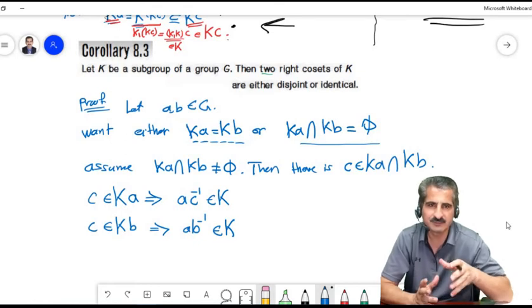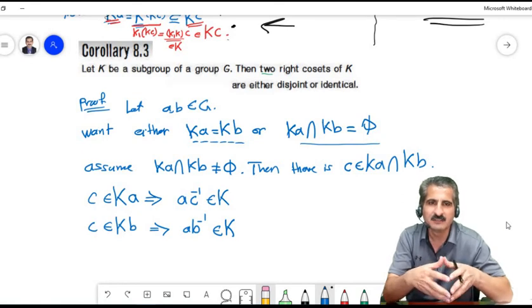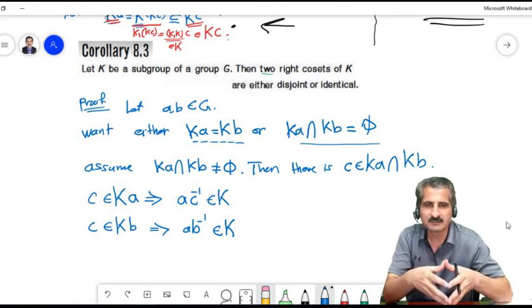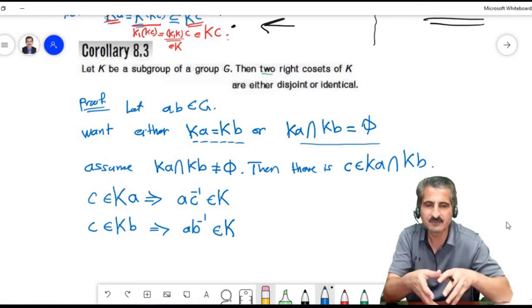We can show Ka is contained in Kb or Kb is contained in Ka, but we don't have to do it. Let's use the theorem we already proved, which says two cosets are equal, Ka equals Kc, if A and C are congruent.